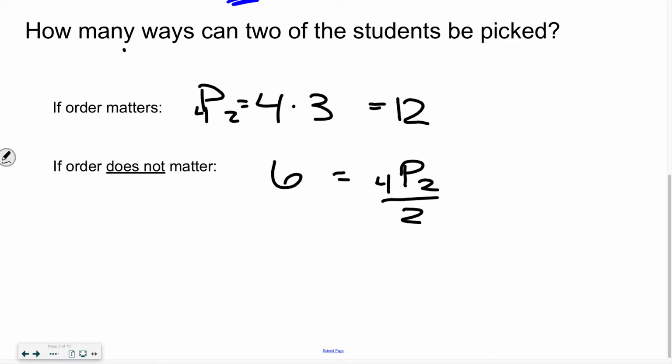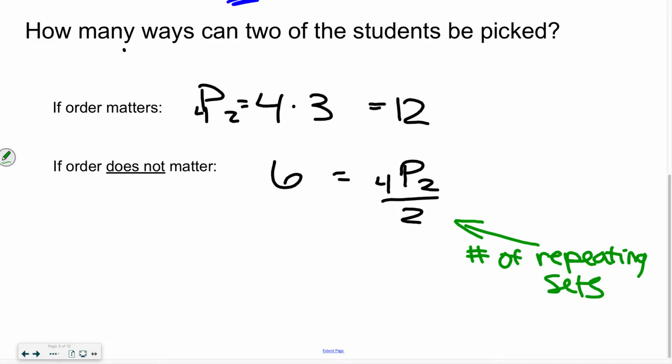And what this 2 represents right here is the number of repeating sets. When I pick only 2 of some larger group, there will be 2 repeating sets.